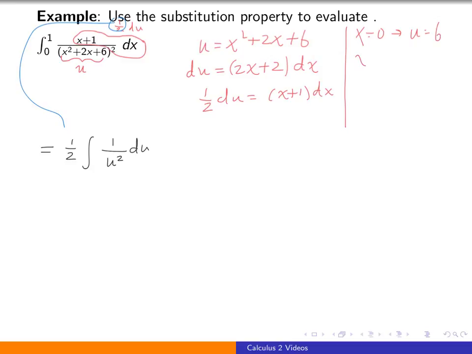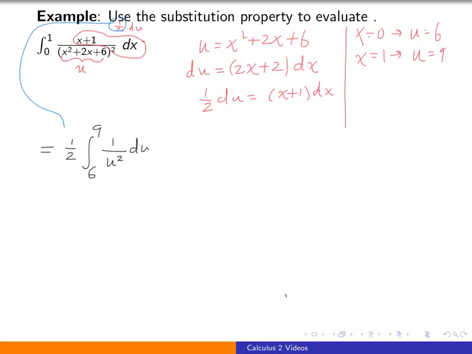For our upper limit of integration, when x is 1, u is equal to 1 squared plus 2 times 1 plus 6. So we're going from u equals 6 to u equals 9. And this puts everything solely in terms of u.